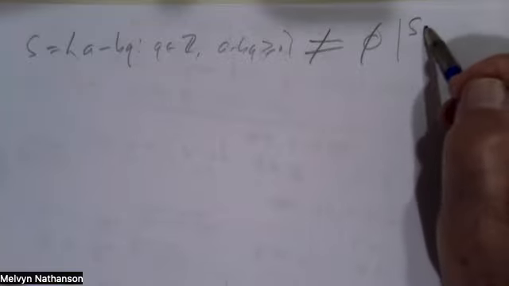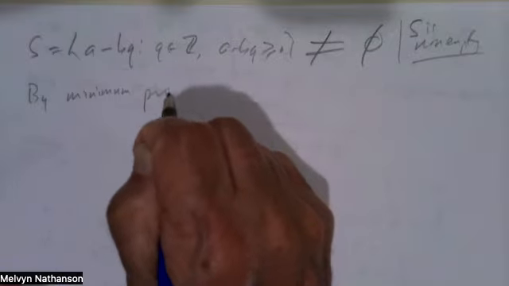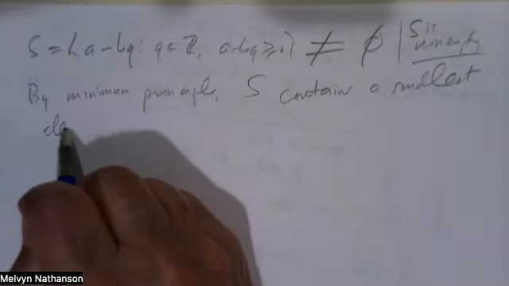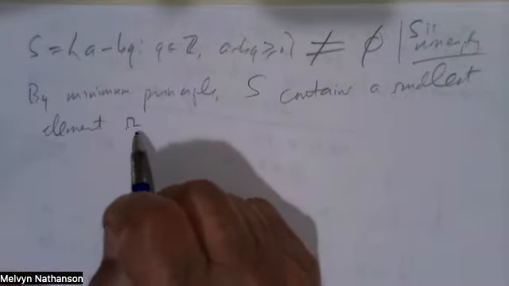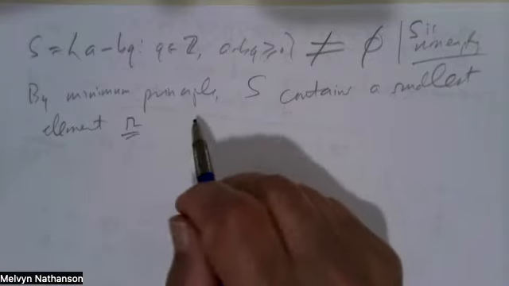This is just a mathematical way of saying that S is non-empty. By the minimum principle, S contains the smallest element. I'll call it R. So R is the smallest element in S.